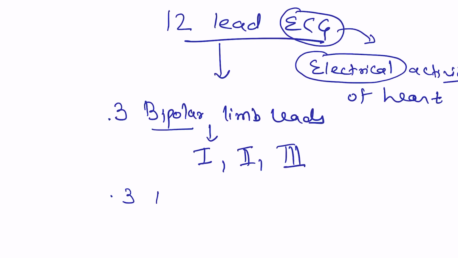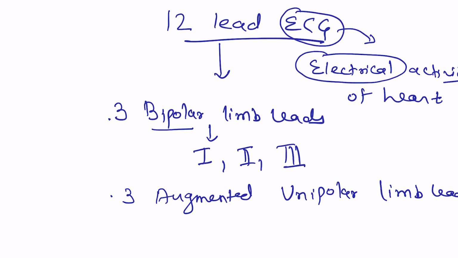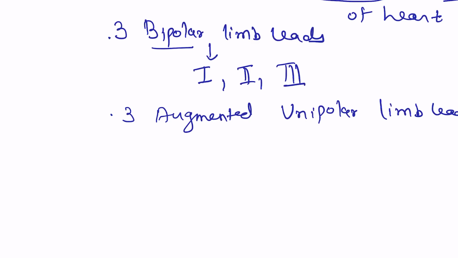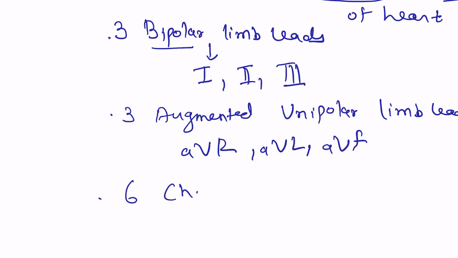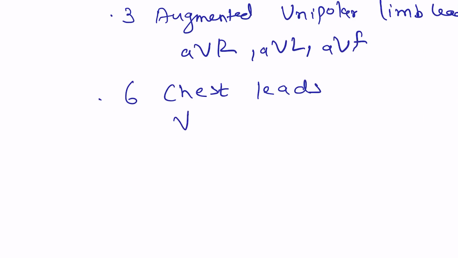We have three augmented unipolar limb leads: AVR, AVL and AVF. And routinely we have 6 chest leads, from V1, V2, V3, V4, V5 and V6, starting from the right side of the sternum till the mid axillary line.